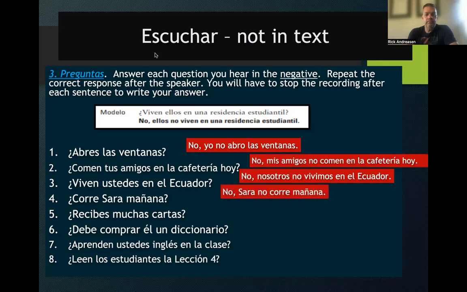No, Sara no corre mañana. 5. ¿Recibes muchas cartas? No, yo no recibo muchas cartas. 6. ¿Debe comprar él un diccionario?